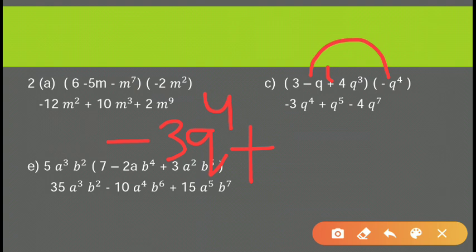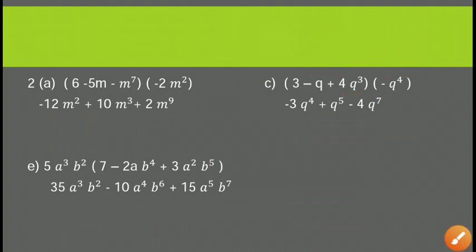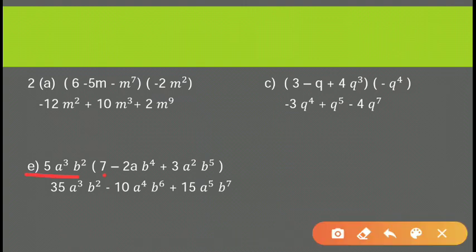Here the power of q is 1 and here the power of q is 4, means q to the power 5. Now with the third term, plus and minus will become minus, and 4 into 1, 4, q to the power 3, q to the power 4. When you add, you will get q to the power 7. This is your answer.